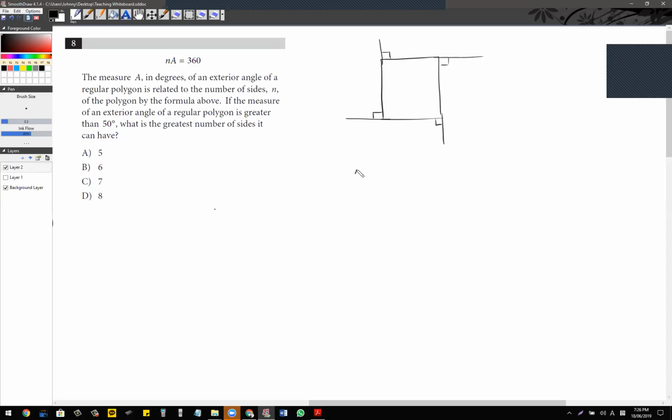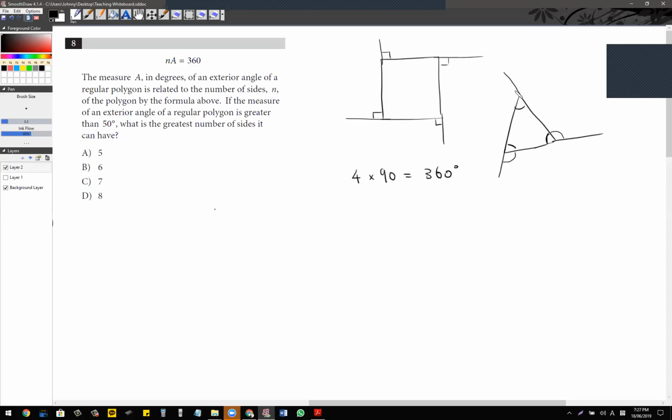So 4 sides times 90 degrees equals 360. If you have a regular triangle, which is 60, 60, 60 here, the exterior angle is this one, right?